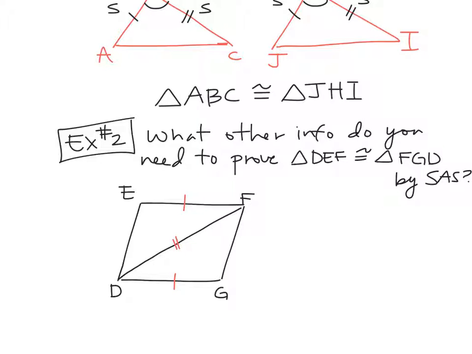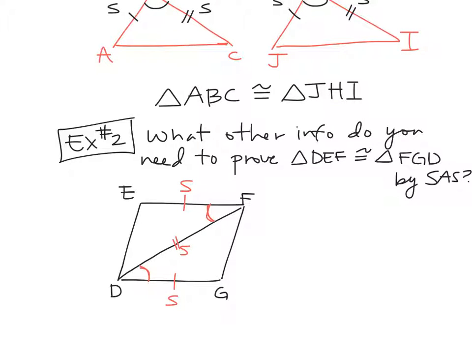What angle would have to be congruent to what angle to make this side angle side? Matthew. Right, so angle FDG, that's this angle, would have to be congruent to this angle because it has to be the included angle, right? It has to be the angle between the two sides.